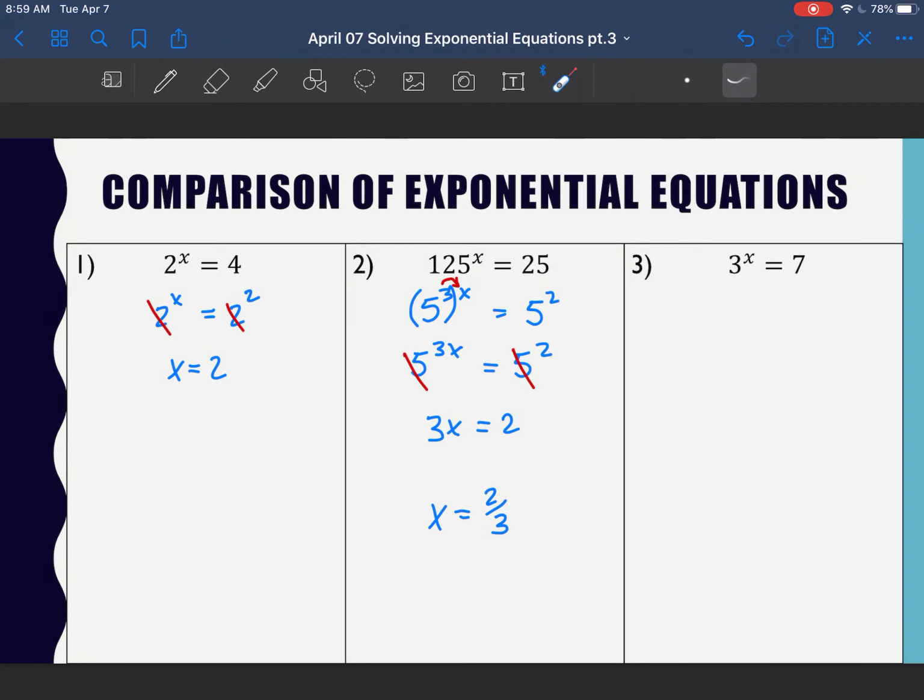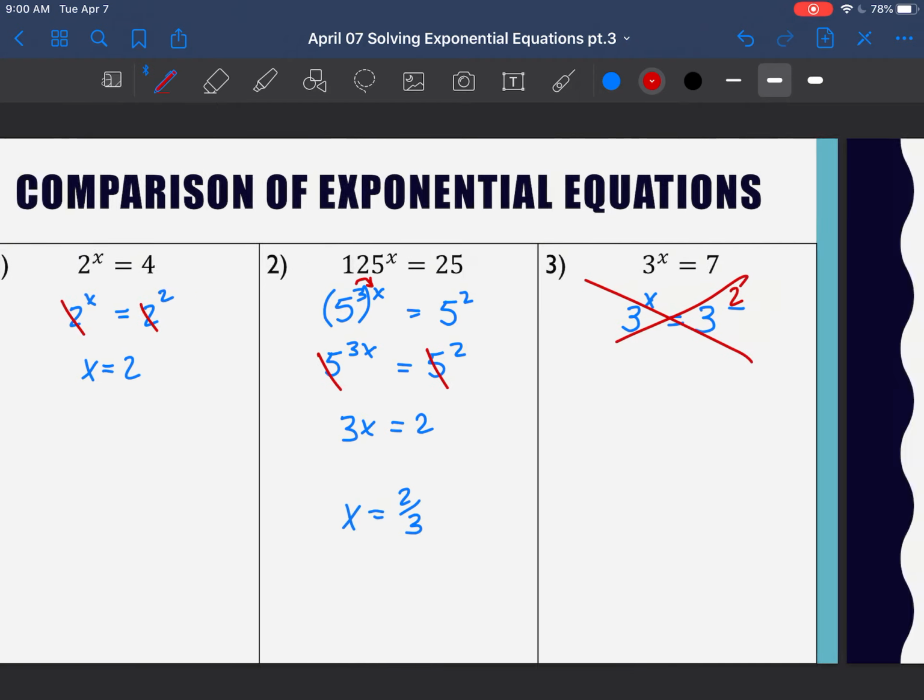The third example, you can't change these to match, because if you try to do 3 to the x equals 3 to the something for the 7, 3 to the first power would have been 3, so not a 7. And then if you try to do 3 to the second power, that would give you 9. So again, not 7. So that method would not work for this last example.